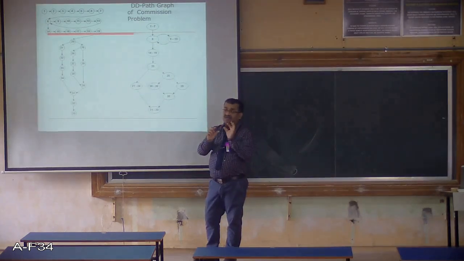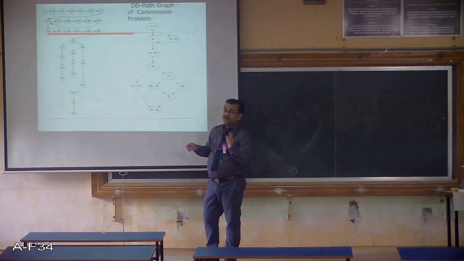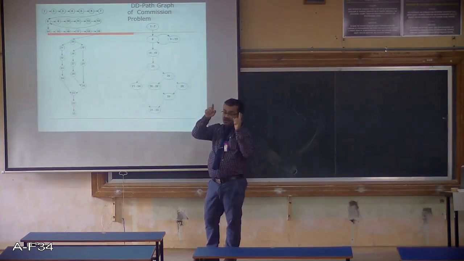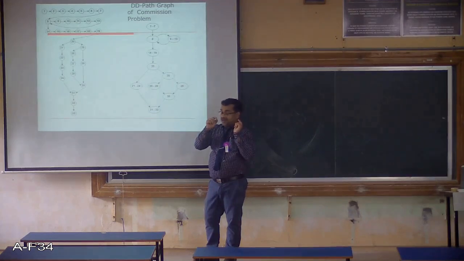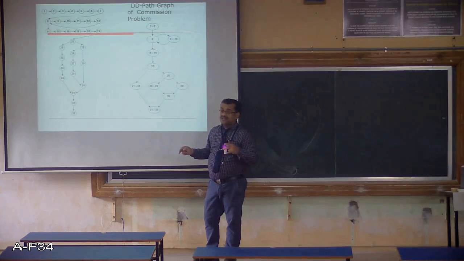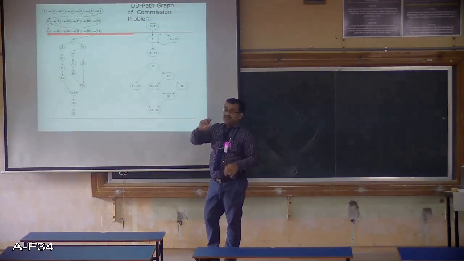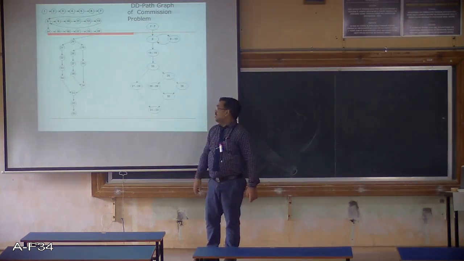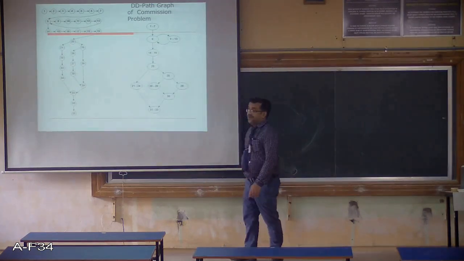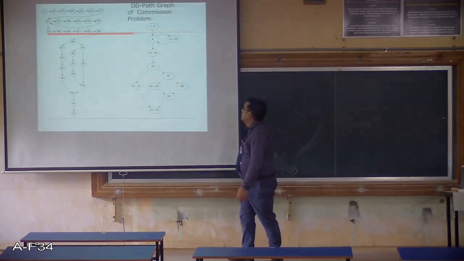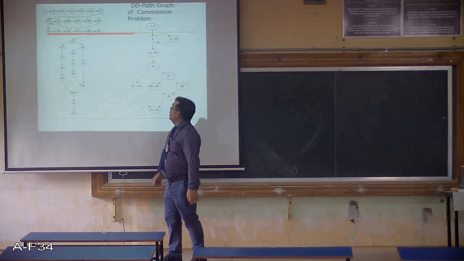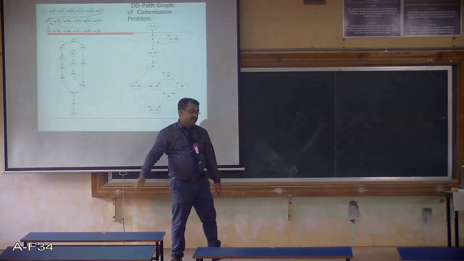A DDpath can be one where you have the case 4 structure, that is one input, one output, or it can be the case 3 structure where you have two or more input or two or more output edges. And of course the starting node and the end node. That indicates the members of the DDpath graph. So this is what you get for the commission problem.